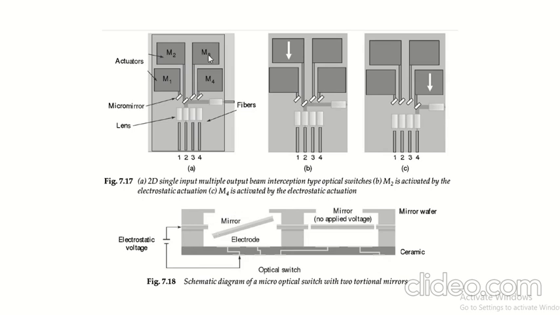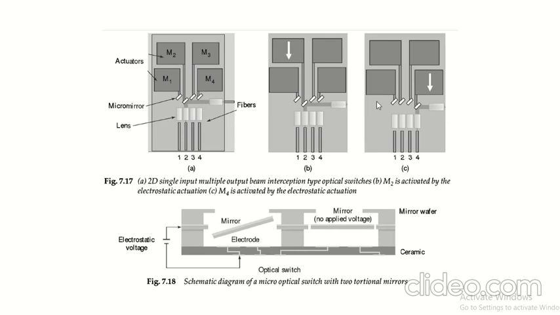So here figure A is the 2D single input multiple output beam interception type optical switch, where you can see the microlens, micromirror, fibers, and motors M1, M2, M3, M4. Here in figure B, M2 is activated by electrostatic actuation.